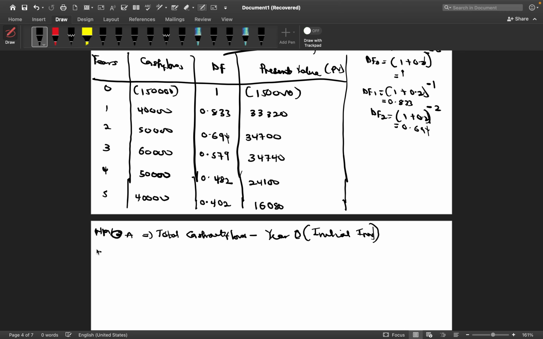So I told you that with the total, you add from the first year to the last year amount this side. So let's add it. So I'm getting 142,940 minus year 0, which is this. This is year 0. Year 0 is 150,000, the initial investment.